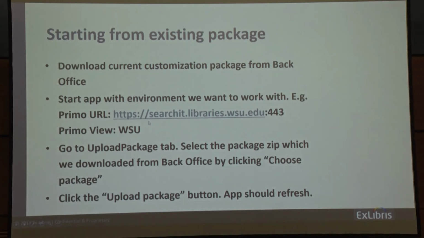All right, so let me show you a quick demo of how you could continue customizing if you have an existing customization package. Let me close this and start up again.